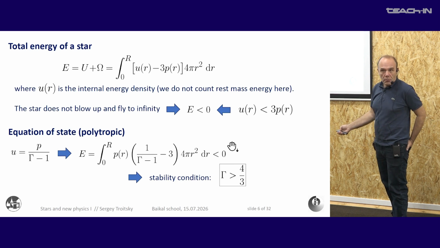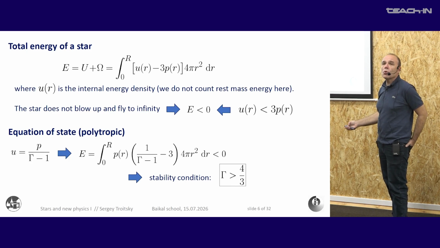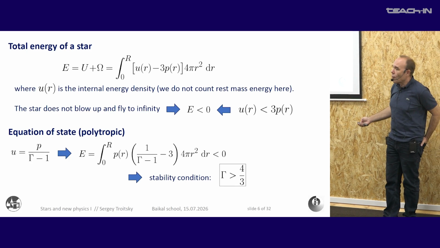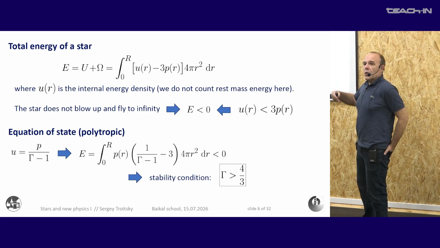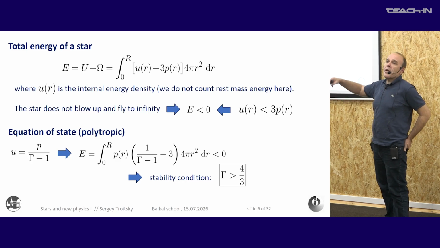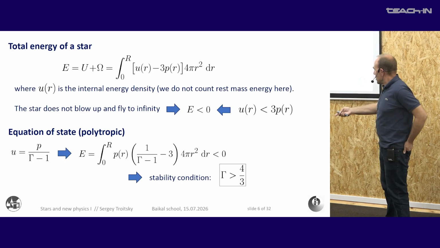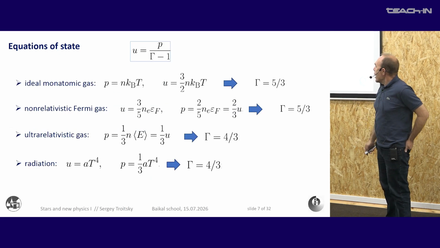Just note that. For the moment, we do not use it because we still don't have a closed system of equations, because we introduced the second equation of state, which related density and pressure, but introduced temperature.